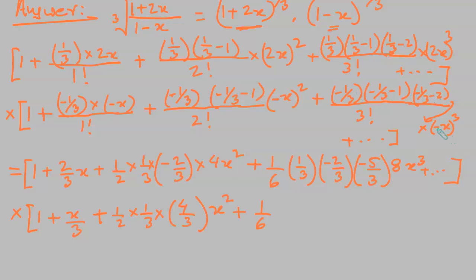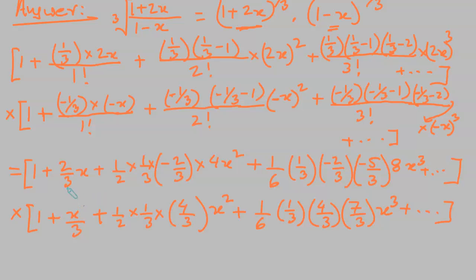And this is also having a negative sign, so again we will be having a positive value. So it is 1 over 3, 4 over 3, 7 over 3, x cube, okay, plus dot dot dot.